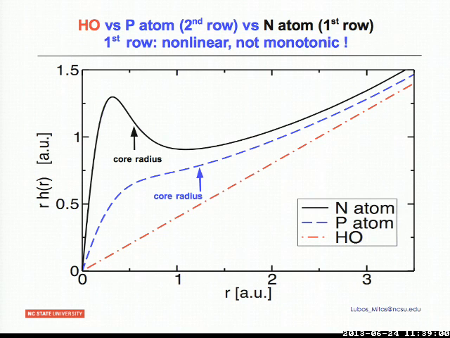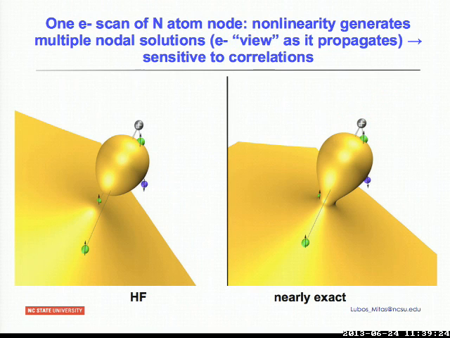If we had a harmonic oscillator that would be all flat, it would be a function like this. If you take phosphorus, which is the second row, it is not completely linear, but it's not too complicated. And here you get a huge maximum. The P state goes very deep in the core, although nominally it should be out if you followed harmonic oscillator ordering of the states. So it is completely different.